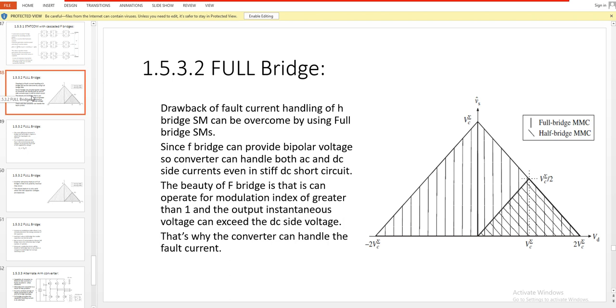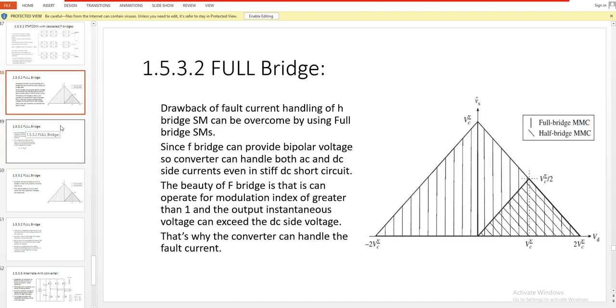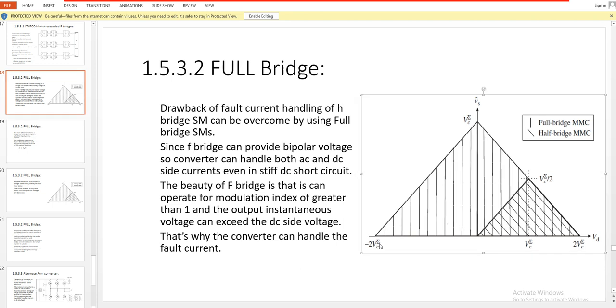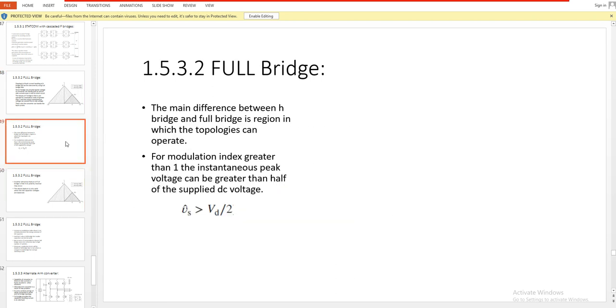Due to its beauty of working at modulation index greater than 1, it can provide you negative voltage, and that negative voltage can increase its operating range, and because of that the current reduces.